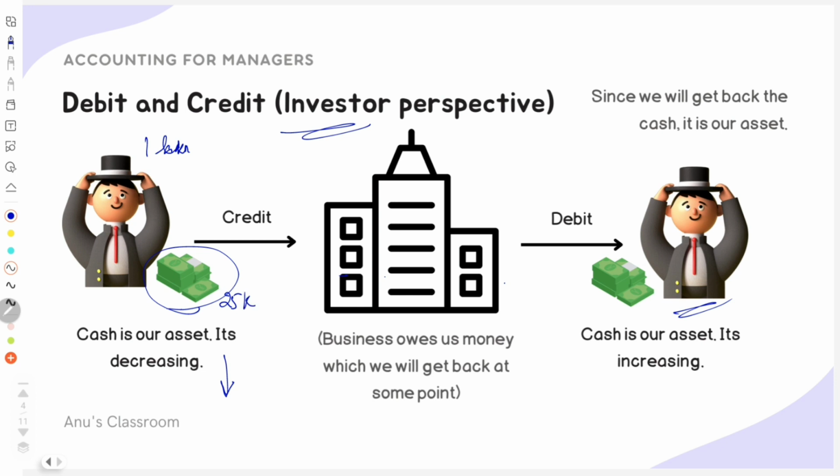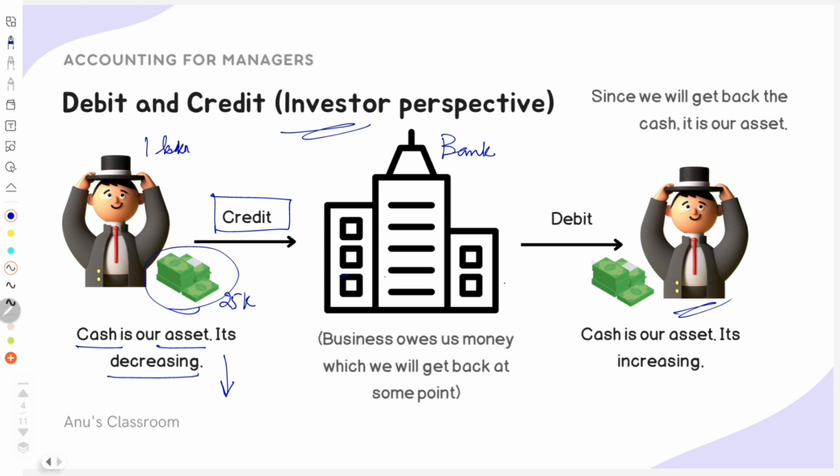So in effect, 1 lakh rupees for me is becoming 75,000 in my hand. But it is going into, let us assume, a bank. When this transaction happens, what is happening here? Credit, right? We'll get a message that my account has been credited by 25,000. So in effect, cash, which is our asset, is decreasing, and it became a credit transaction.